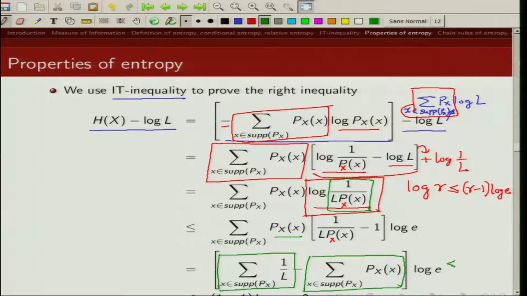This is less than or equal to, this term will be 1 minus 1 log of E, which is basically 0. So, what I have shown here is h of x minus log of L is less than or equal to 0. In other words, h of x is less than or equal to log of L.